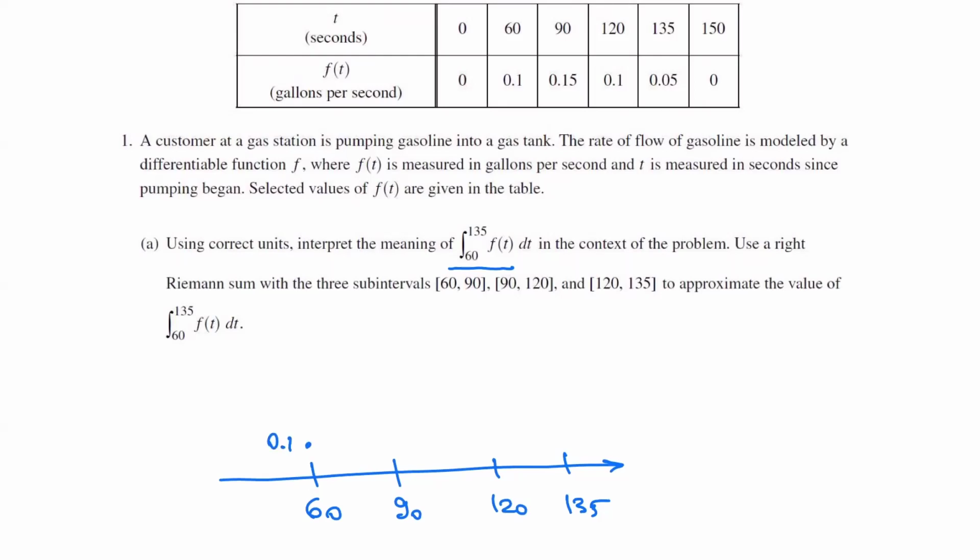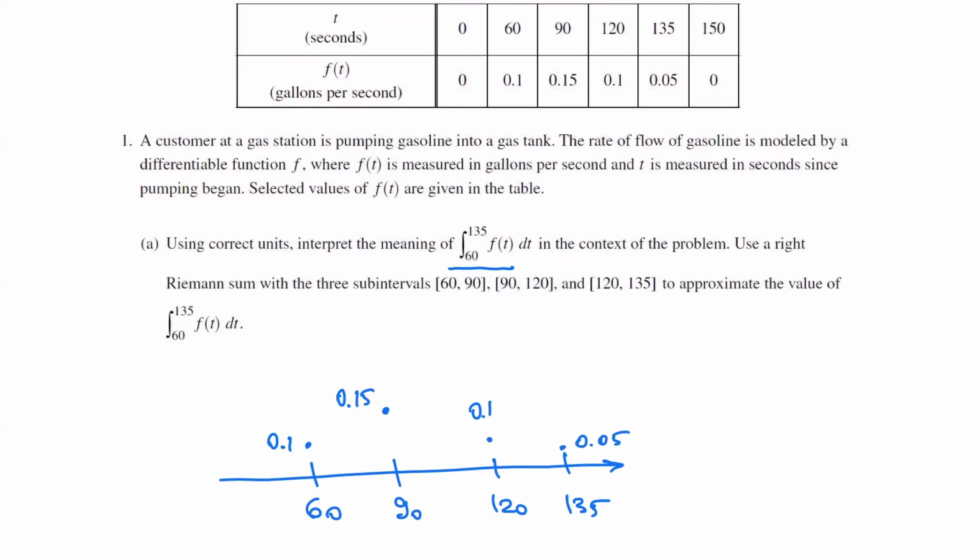At 90 seconds, it's 0.15 gallons per second. At 120 seconds, it's again 0.1. And at 135 seconds, it's 0.05. We need to approximate it using a right Riemann sum.